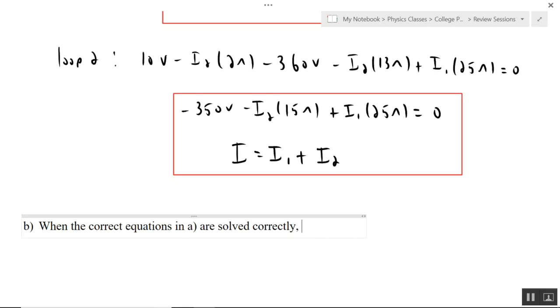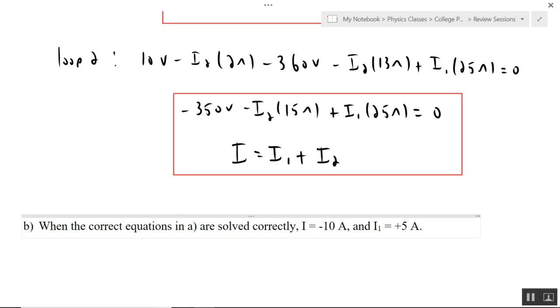But if they're solved correctly, I is minus 10 amps, and I1 is plus 5 amps. So they work out to be nice numbers, actually. That's why the voltages are so high, to make the currents work out.